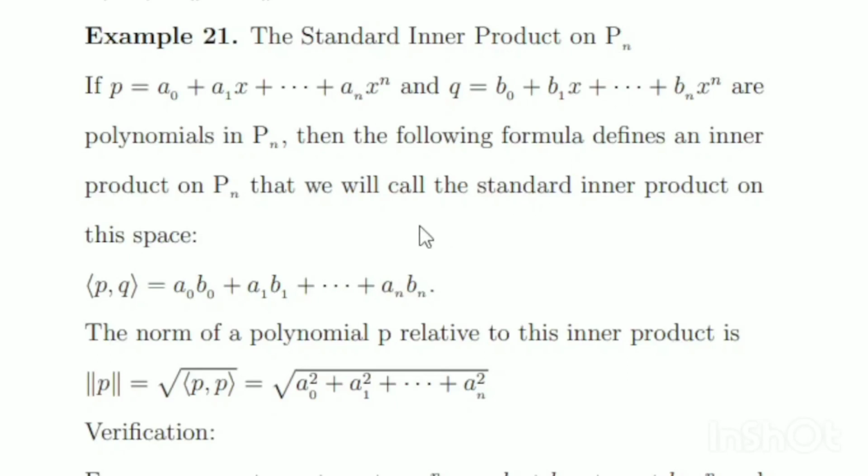Inner product of P, Q equals a0 b0 plus a1 b1 plus etc. up to an bn. And the norm is equal to the square root of inner product P comma P.